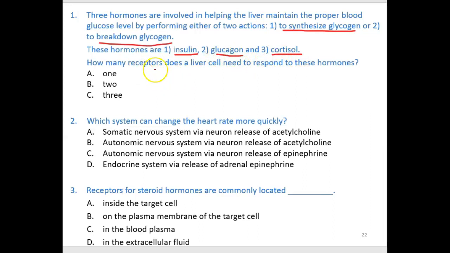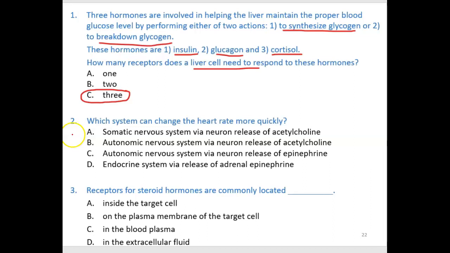How many receptors does a liver cell need to respond to each one of these hormones? Meaning, can it use one receptor for all 3? Can it use one receptor for 2 of them and then another receptor for the 3rd? Or does each hormone need an individual receptor? And the answer is each hormone needs an individual receptor, so we'd need 3 receptors on that liver cell.